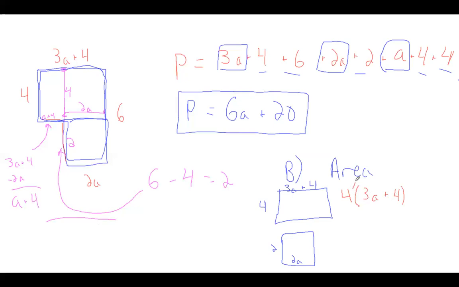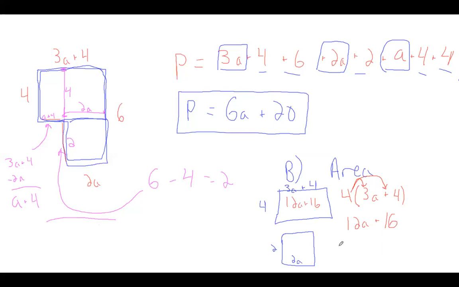So we're going to do 4 times 3a and also 4 times 4. Like that, we distribute it into the parentheses. 4 times 3a is 12a. 4 times 4 is positive 16. So the area of this first one is 12a plus 16.